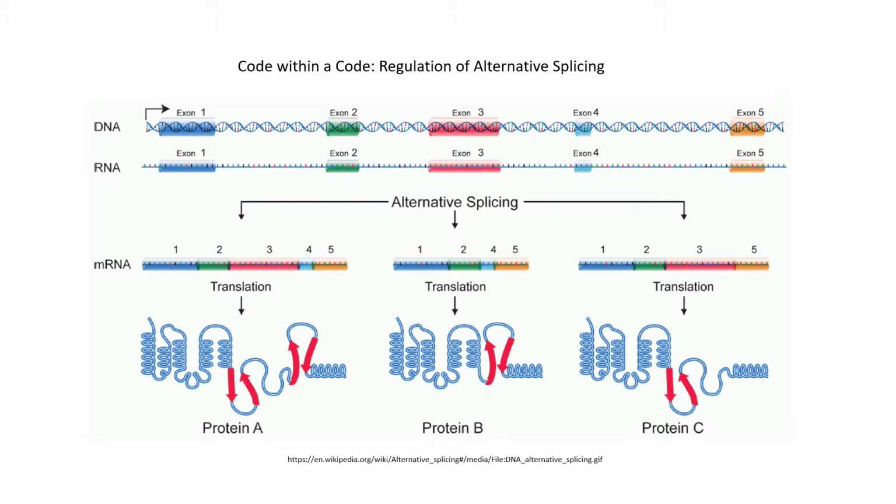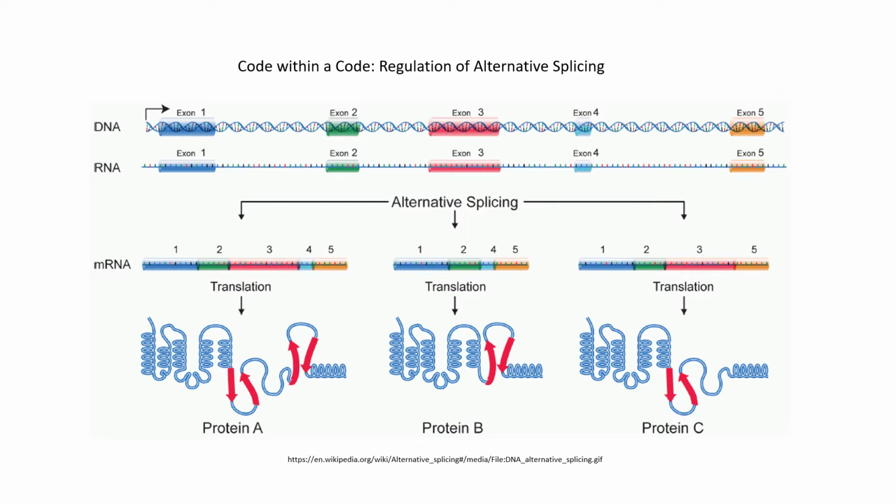So another multi-layer of information, another code within a code, is the regulation of alternative splicing. And we've already covered together what alternative splicing is, but let us just review. We said that when the DNA is transcribed into RNA, we have exons and introns.